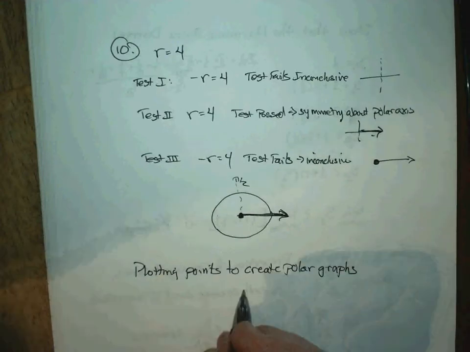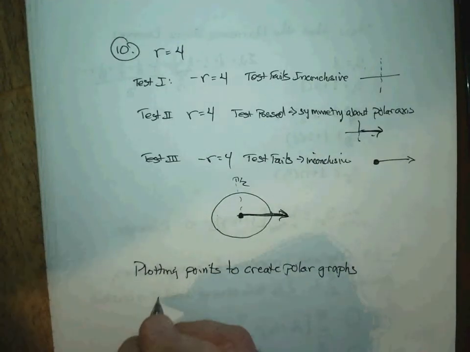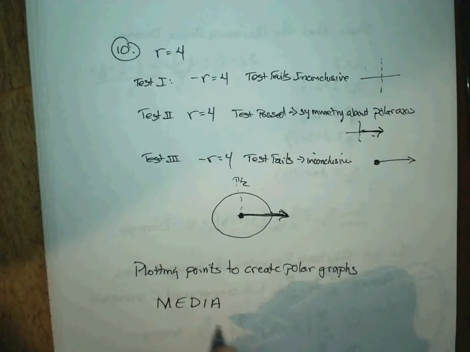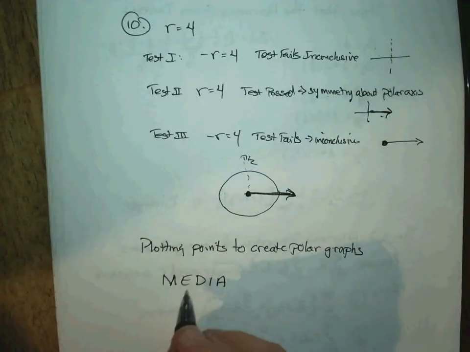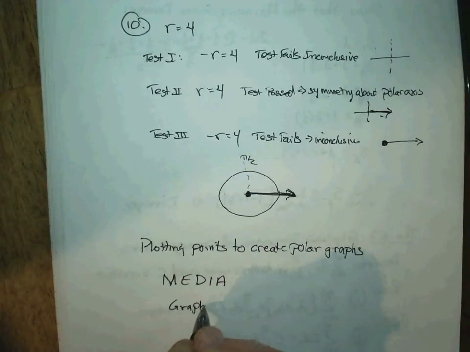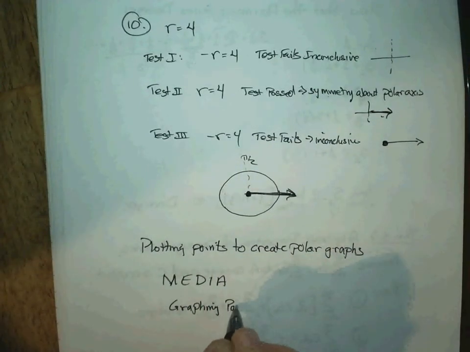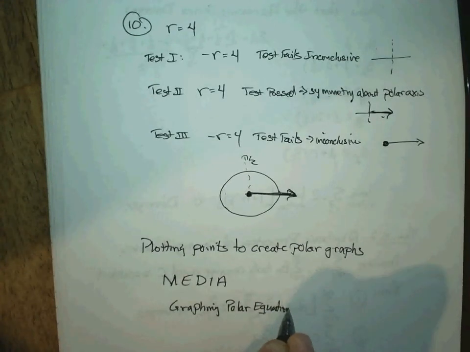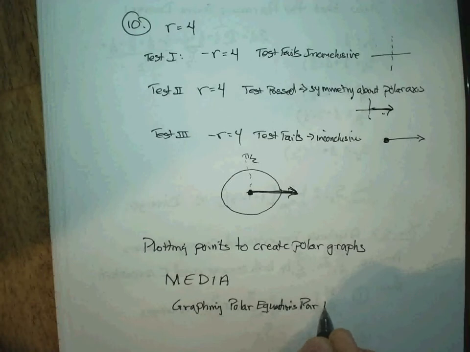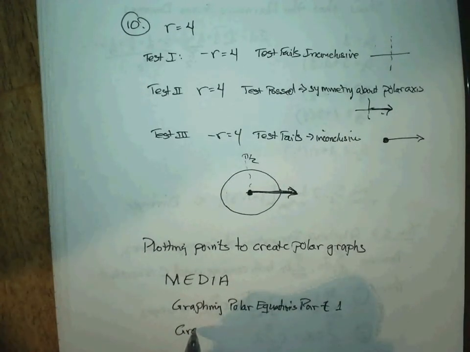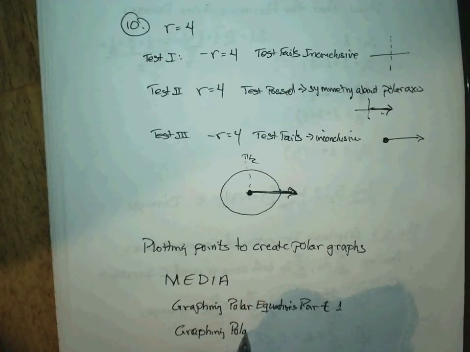To that end, what I would like you to do is, at the very end of the section, the author has a box he calls Media. In that box there are links where you can look at graphing polar equations, part 1, and graphing polar equations, part 2.